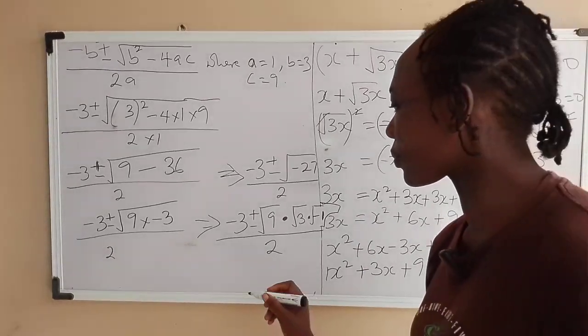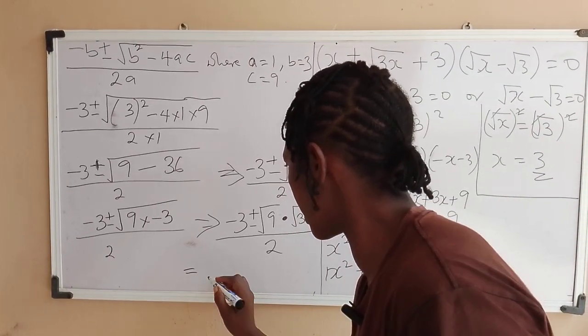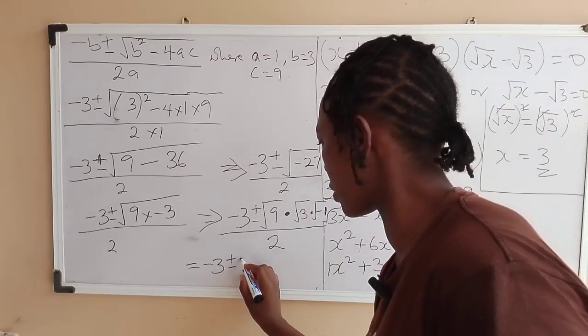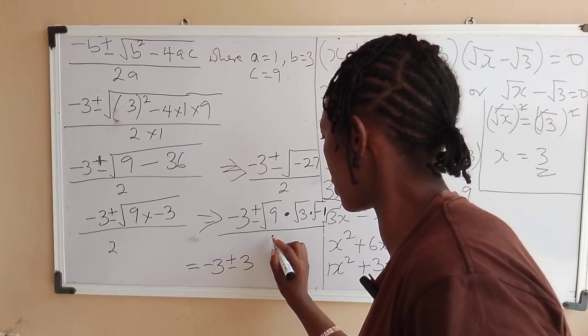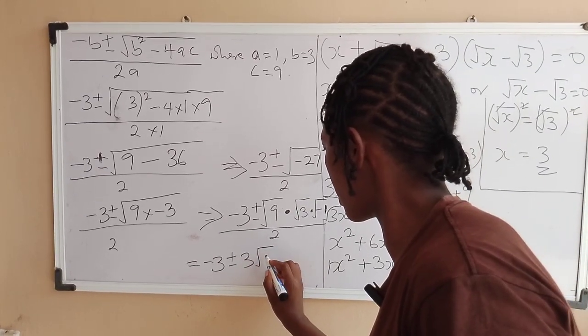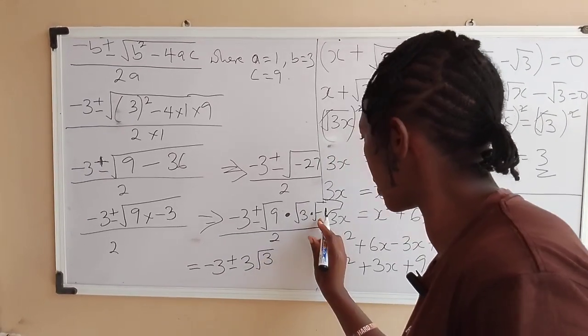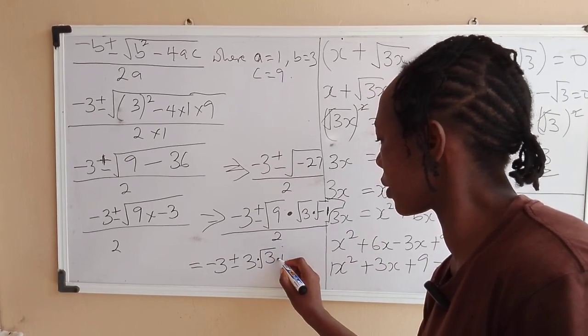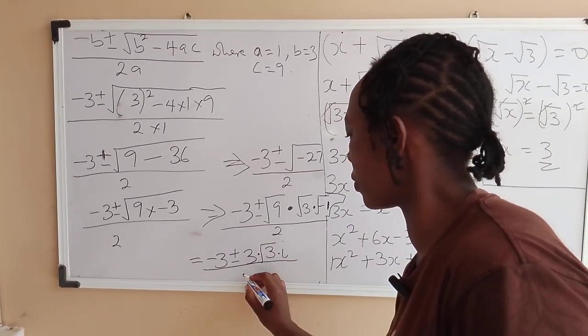So we have minus 3 plus or minus the square root of 9, which will give us 3, and then this one is still the same, the square root of 3, and then this is an imaginary number i, all over 2.